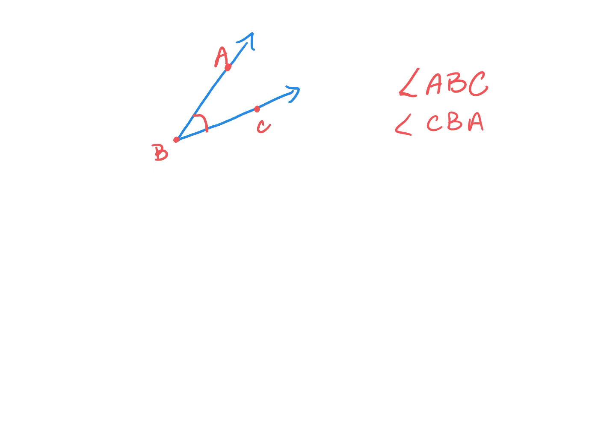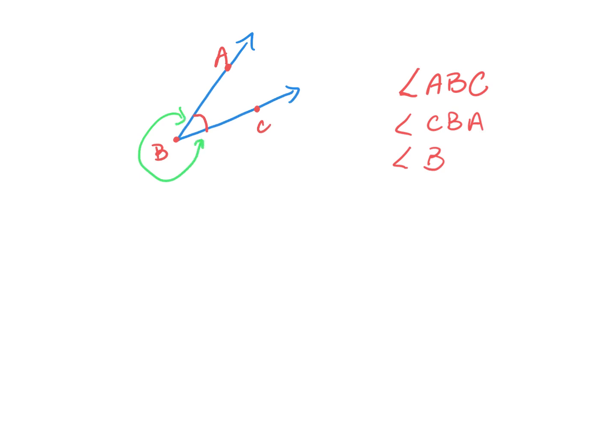And there's one more name for this angle. In this case, you can name it angle B, because that picture is not a complicated picture. Do you understand that? And since it's not complicated, when I say angle B, you're never going to pick this angle here unless they really specify it's the outer angle.